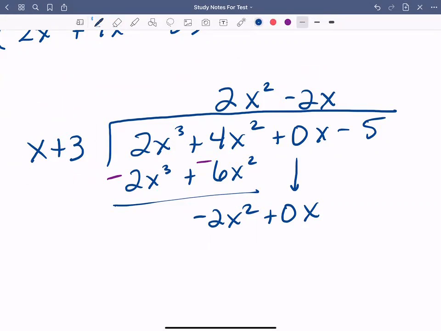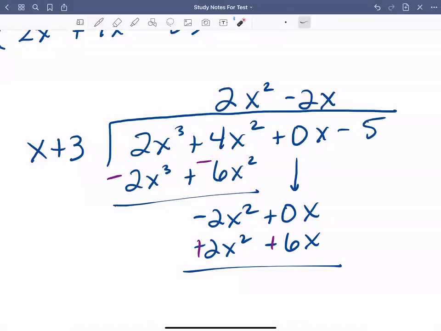So negative 2x times x gives us negative 2x squared. Negative 2x times 3 gives us a negative 6x. And we're going to change the sign, so we're subtracting them. This becomes 0, exactly what we wanted. And now we have 0x plus 6x, which gives us a positive 6x. Bring down our negative 5.